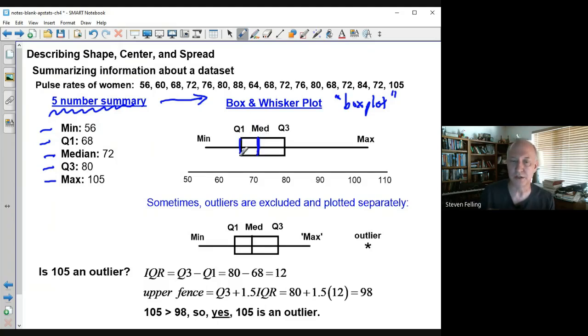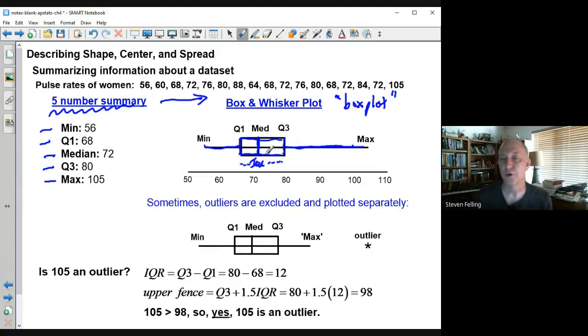You draw lines where Q1 and Q3 are, the first and third quartiles, and then you make a box out of that, okay? Typically we don't fill this in, but you draw what's called a whisker that goes from Q3 all the way out to the max, and from Q1 down to the min. And so that is referred to as a box and whisker plot. And in a box and whisker plot, the IQR, because it's the difference between Q1 and Q3, is the width of the box, okay?